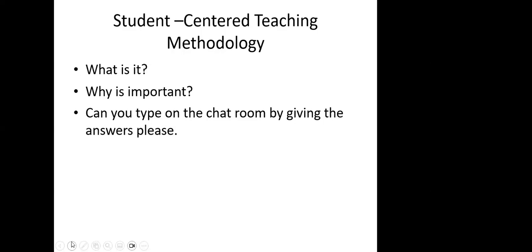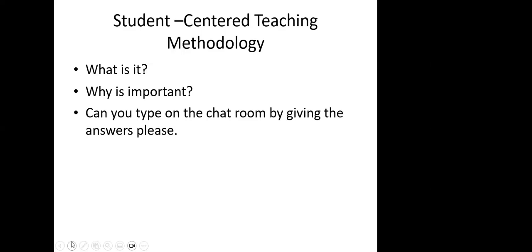So the teacher was like a lecturer at the university. The world has transformed from that kind of teaching system. So teachers, we need to change now from that old kind of teaching system to this kind of student-centered teaching methodology.